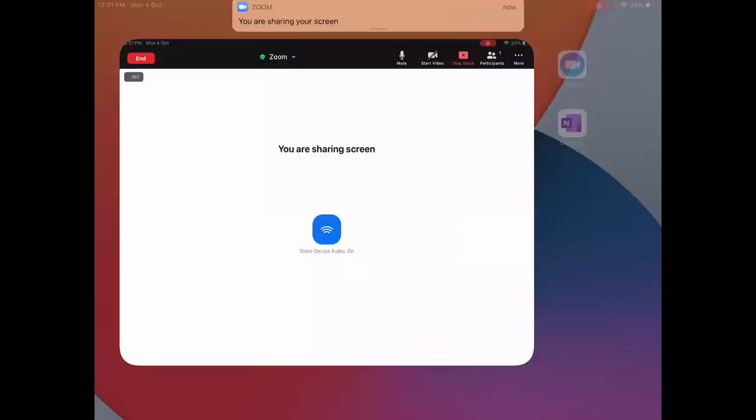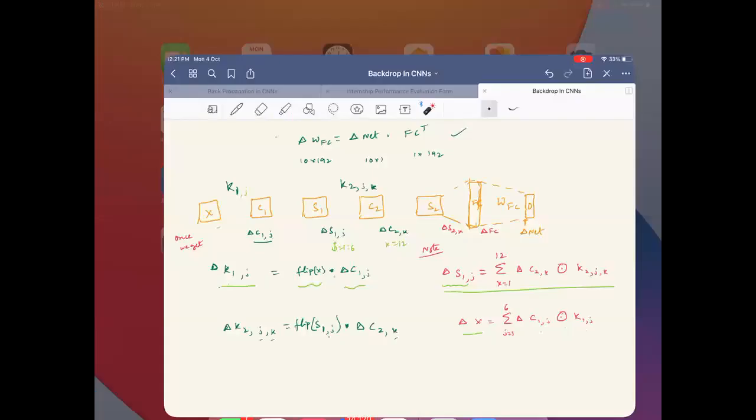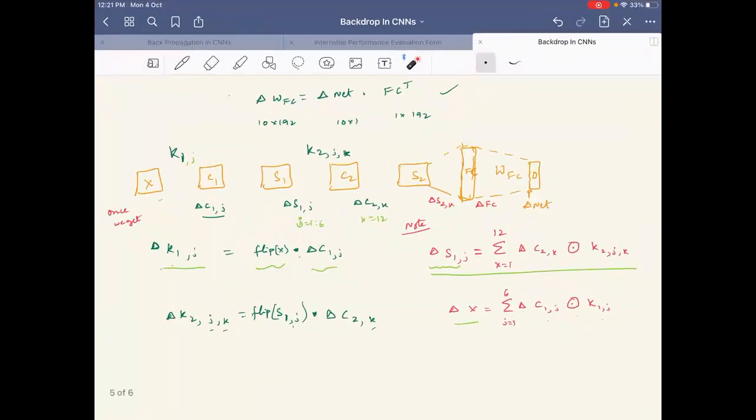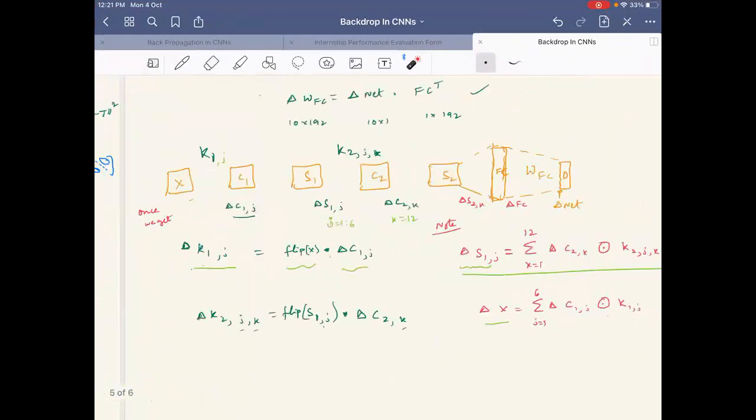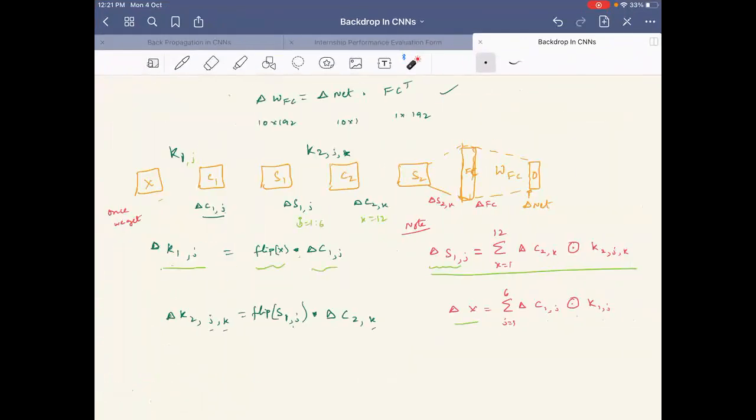Dear students, let us have a short discussion to conclude the backpropagation aspects of convolution neural networks. In the previous discussion, we have seen that the convolution operation in the forward pass implies the correlation operation in the reverse pass.